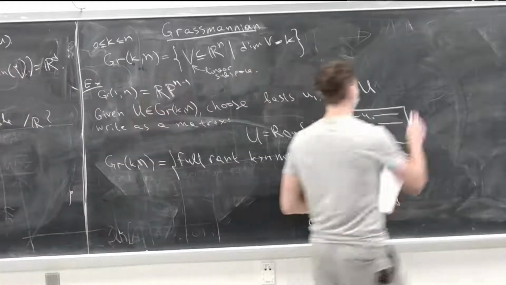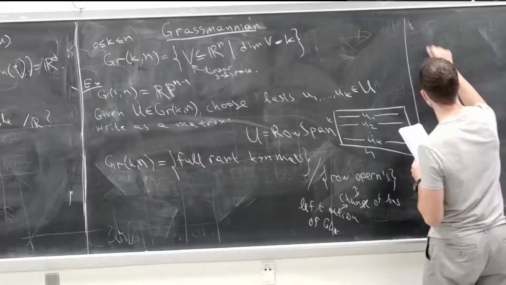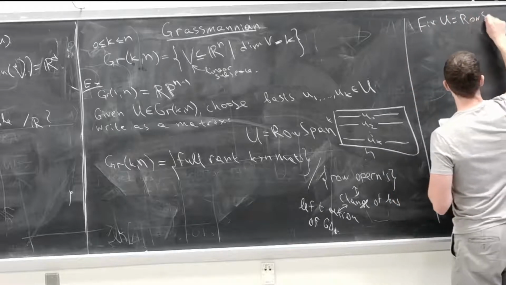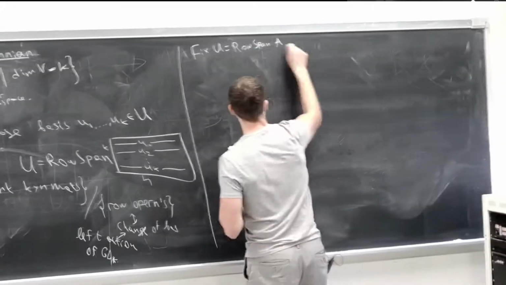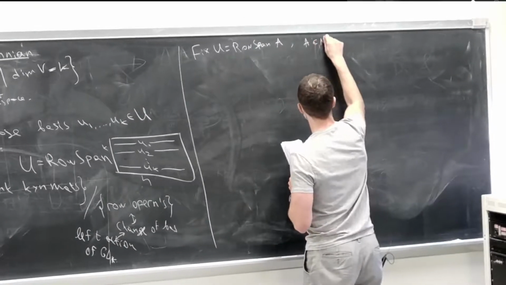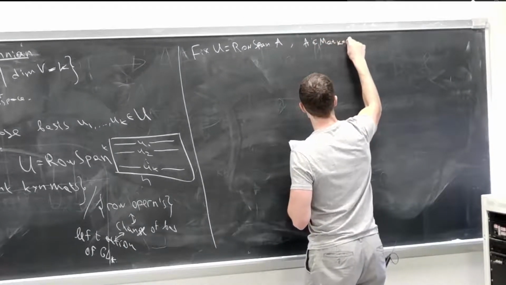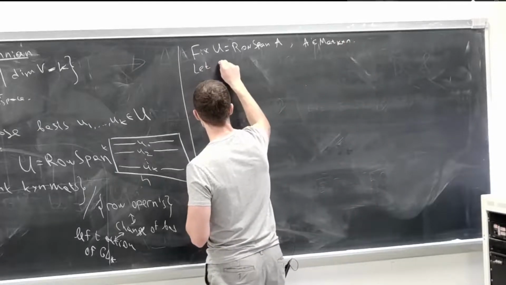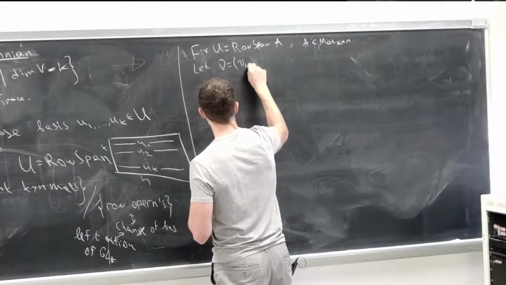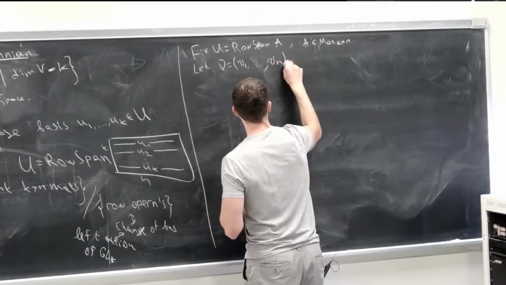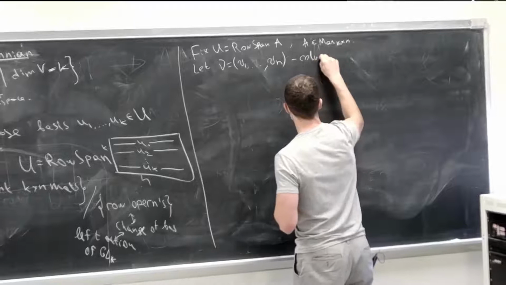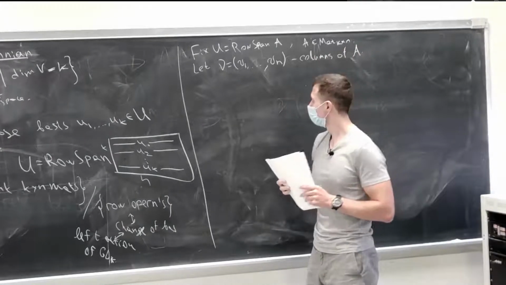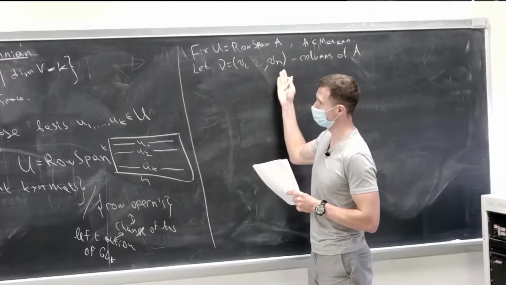Let's actually record this. Let's say I fix U, which is the row span of some K by N matrix A. Then let's say I look at the columns V1 through Vn, the columns of A. They do span the whole space.